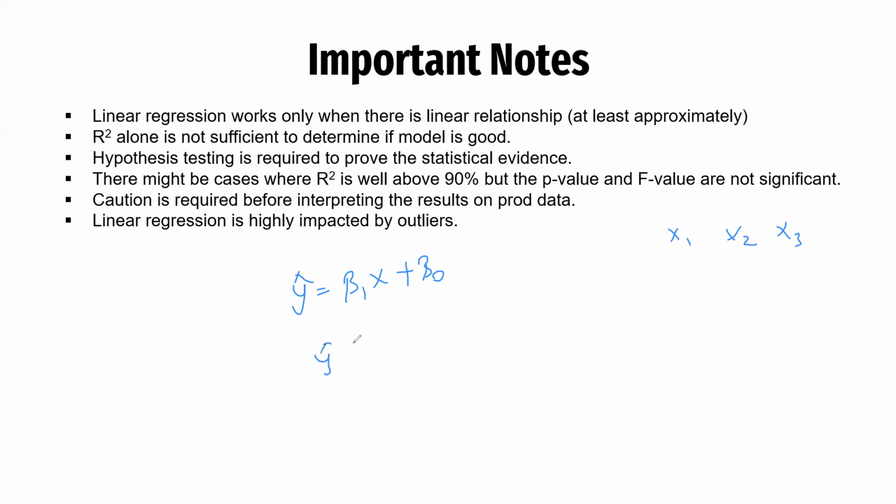Then our y hat should become beta 1 x1 plus beta 2 x2 plus beta 3 x3 plus beta naught. So you're representing a multiple linear regression, and you're trying to make a model out of this. It is just like a three-dimensional space wherein you have x1, x2, and x3. Like this, you can have an n-dimensional space, and we will try to cover this when we are dealing with the Python code.